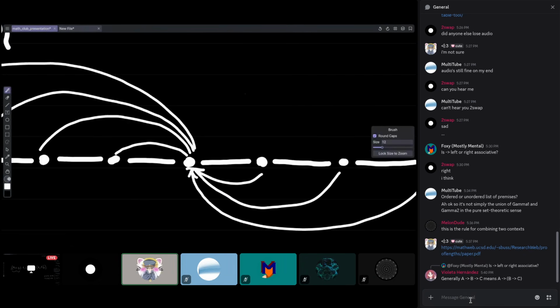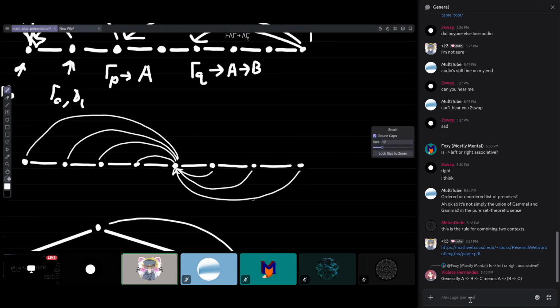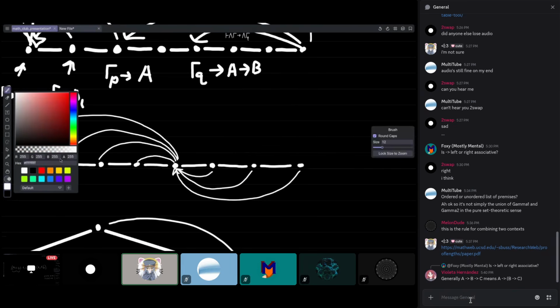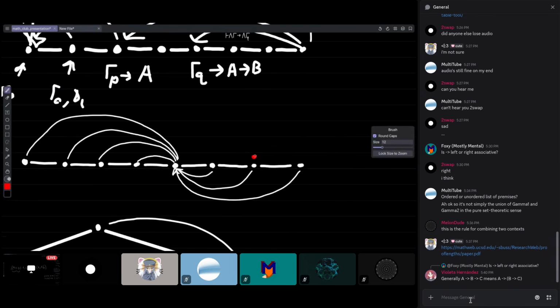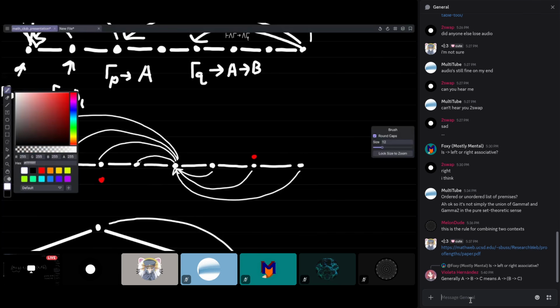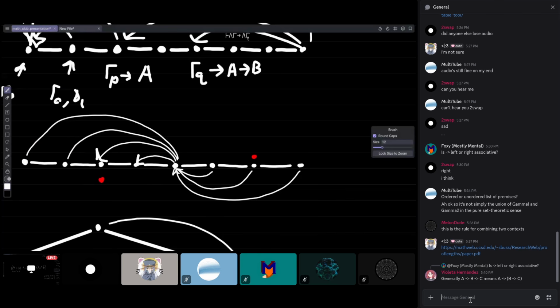If you look at this structure here, let's say you computed all of these edges and you want to go from this guy to this guy. You can do it in one compose step, by composing this arrow with this arrow.